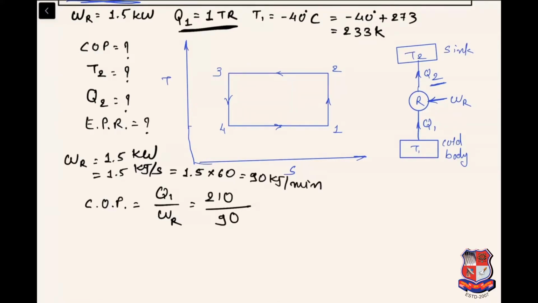So WR is 90. If I find out the COP, then it is 2.33. So this is our first answer.